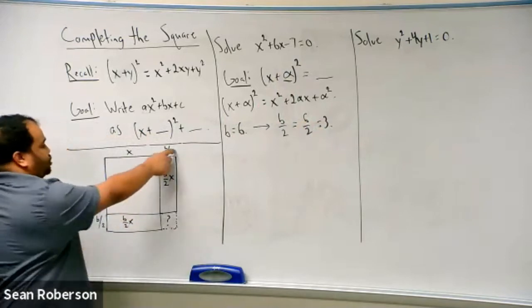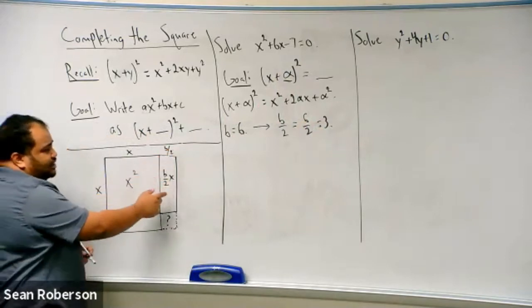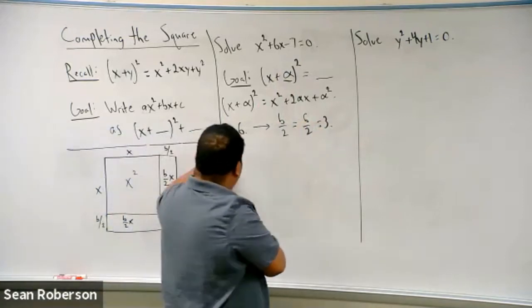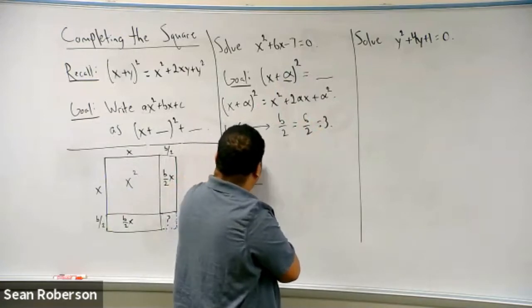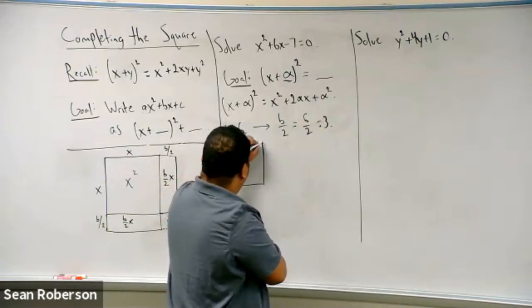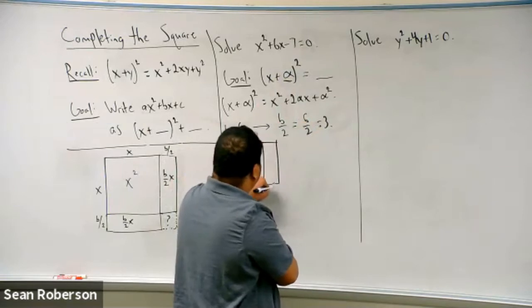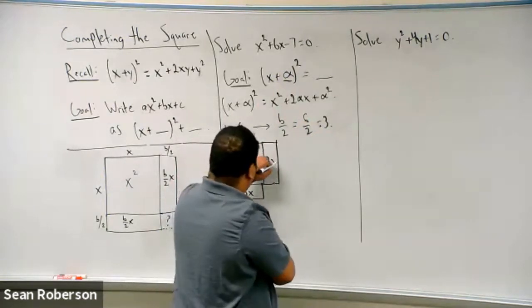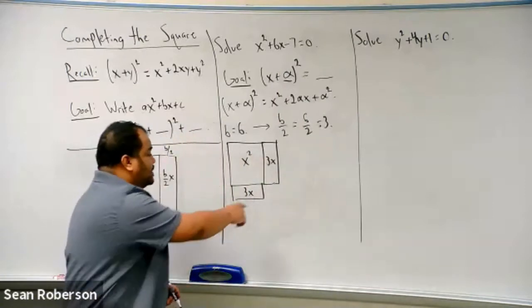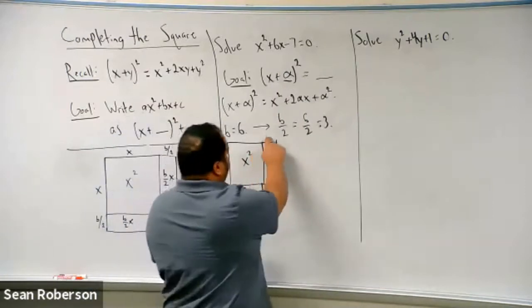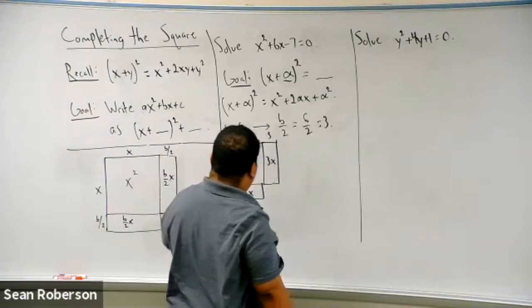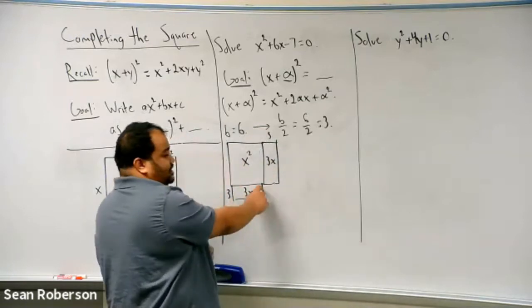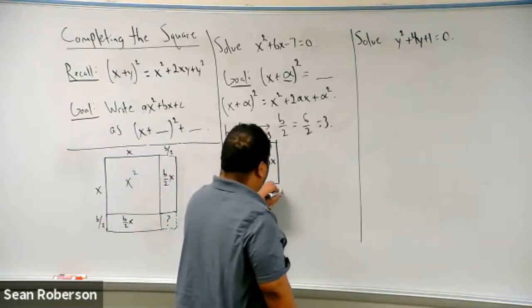Now, if I look at my picture here, that means that I have my large square, which is x squared, my rectangles that are 3x, and now I need to figure out what the missing piece is. Well, the small side has length 3, this side has length 3, which form the sides of this square.